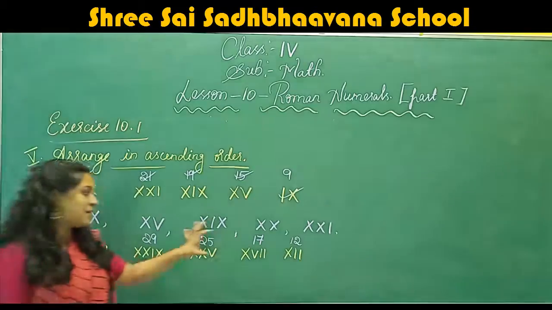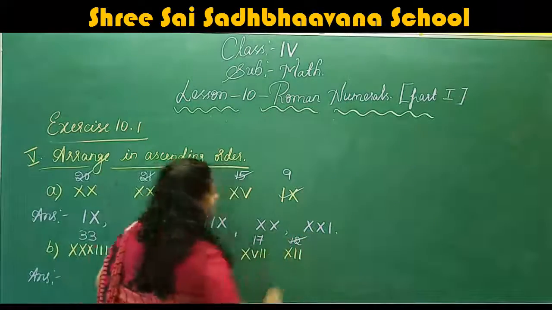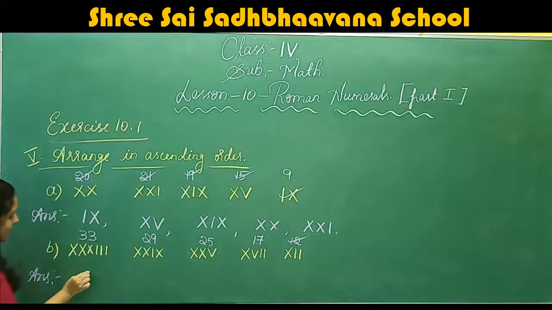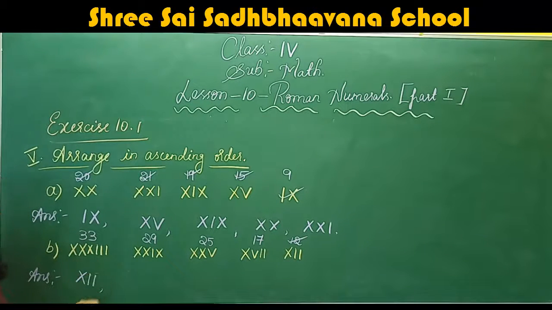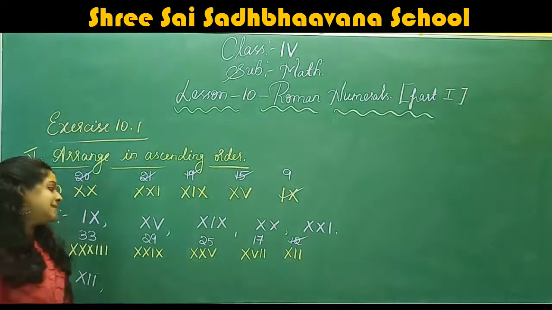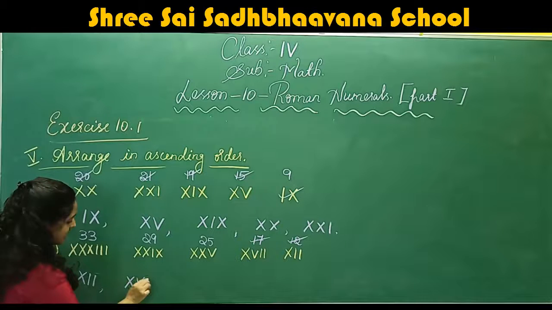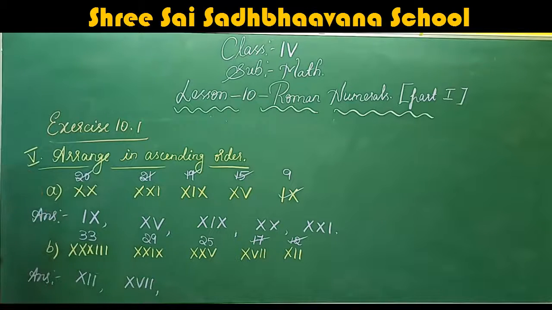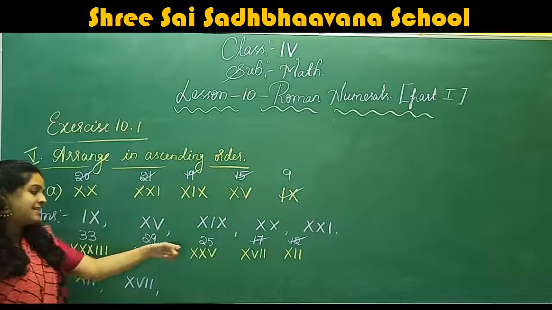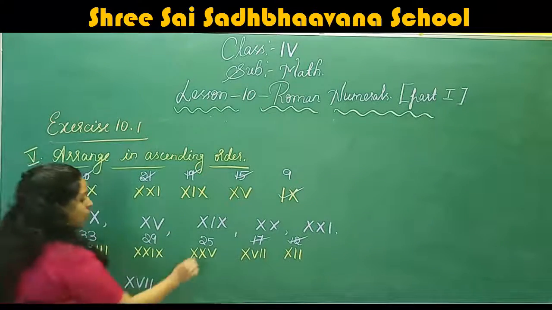Now let us arrange these numbers in ascending order. Tell me, in these numbers, which is the smallest number? 12 is the smallest number. So let me write 12 first. Okay? Yes. Then, which is the next number I have to write? 17. 17 is the next number. So let me write 17. Okay? Next, which is the smallest among these three? 25 is the smallest one.